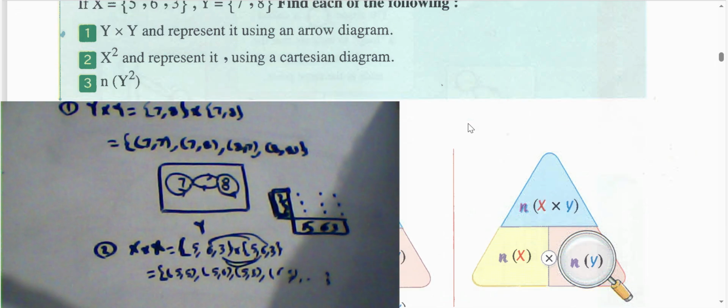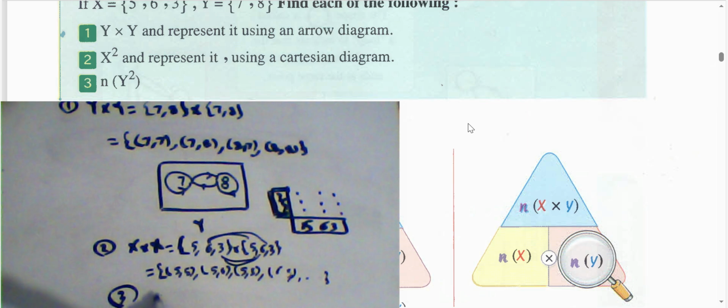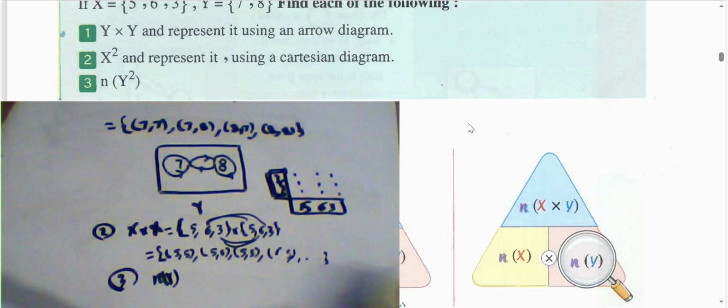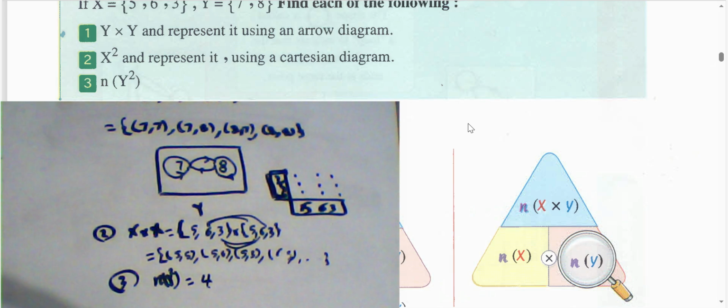Number 3. Here it asks for the number of elements of y squared. y has 2 elements. 2 power 2 equals 4. The result will be 4.